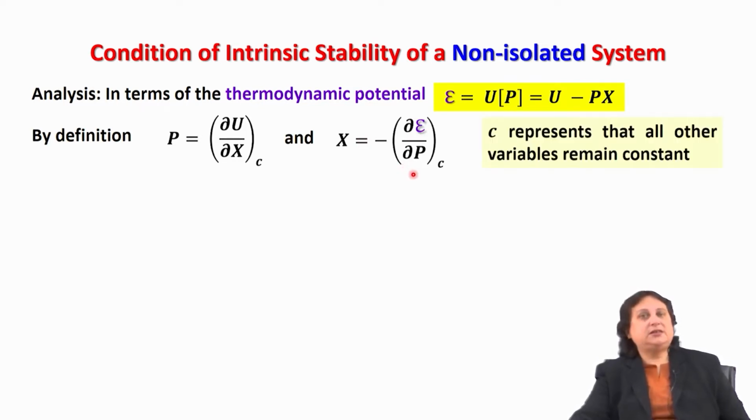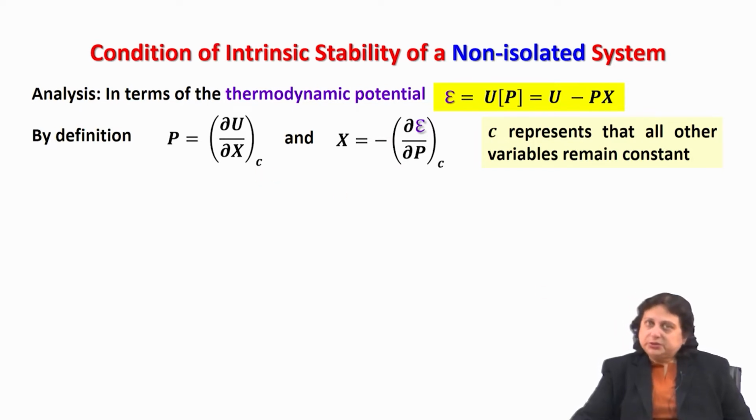Please note that here I am using this notation C to represent the fact that all other variables in my description of the thermodynamic state are being maintained as constant, as a result of which I am writing partial derivative and not anything else.